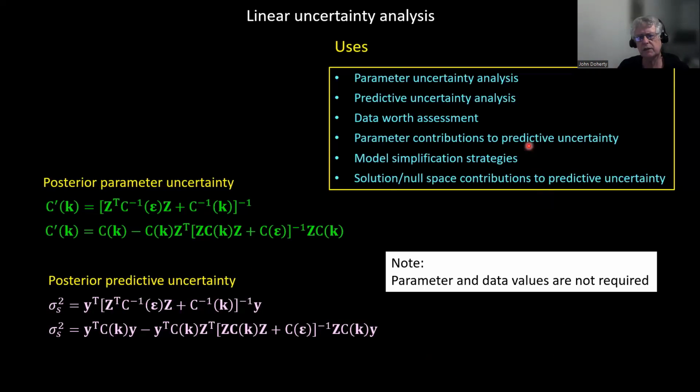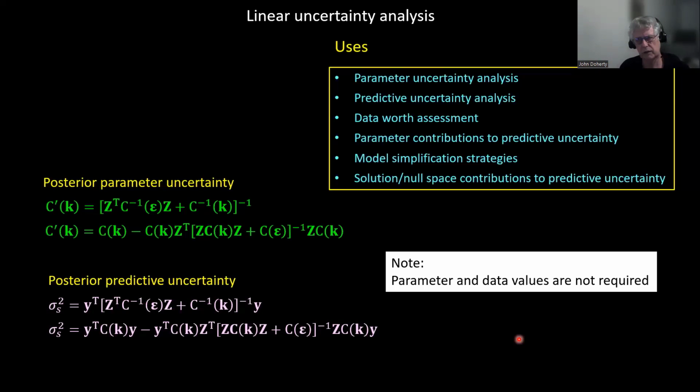And this can be useful when I'm looking at things like model simplification strategies. Suppose, for example, that I replace a whole lot of processes that happen in one part of the model domain with a boundary. It's going to be a parameterized boundary, but a boundary nevertheless, because it's simpler than a whole lot of processes. Do I really care about them? Okay, what errors have I incurred by doing that?